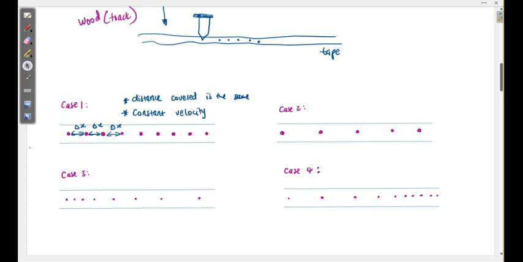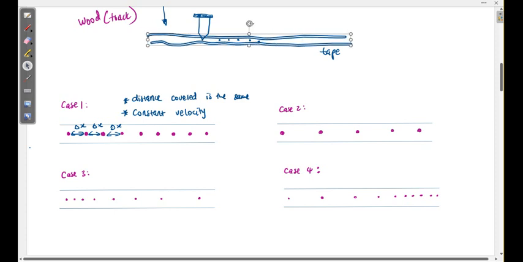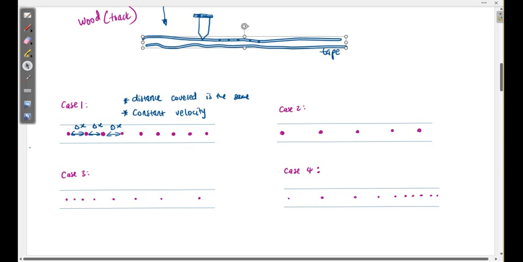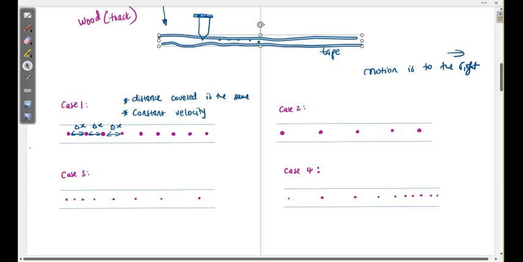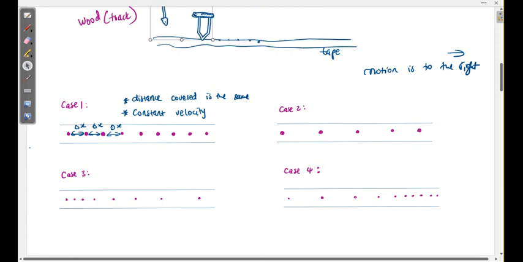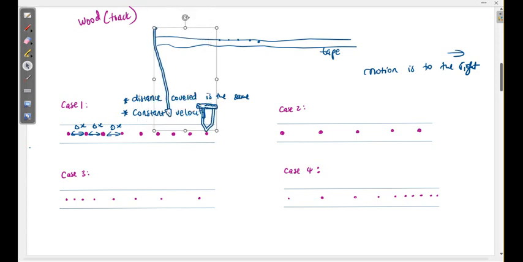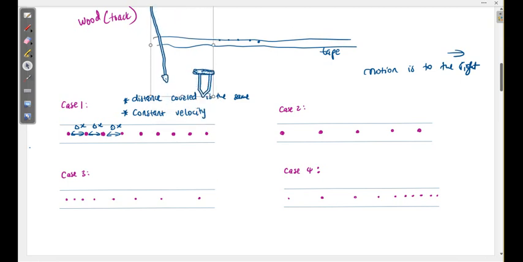Okay, it was moving at a constant velocity. For all these cases, I want you to imagine that the motion is to the right. So as this thing is moving to the right, our ticker timer is making dots in the same place, but your tape is the one moving.